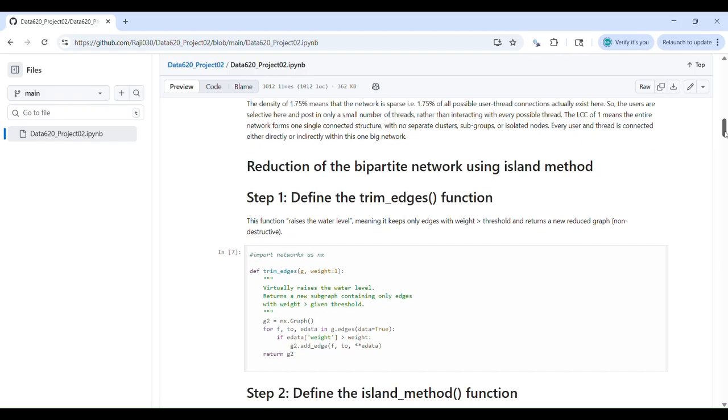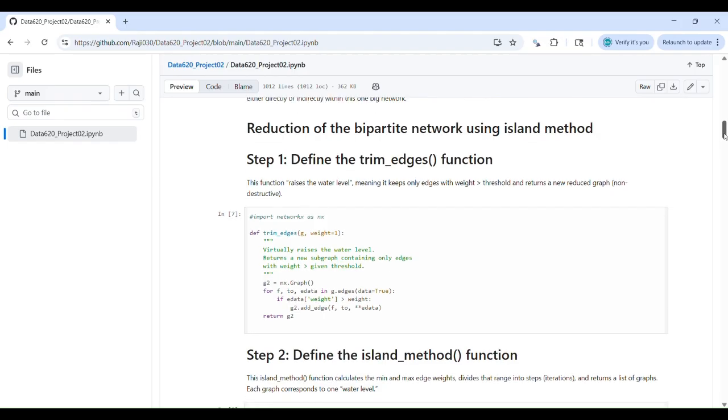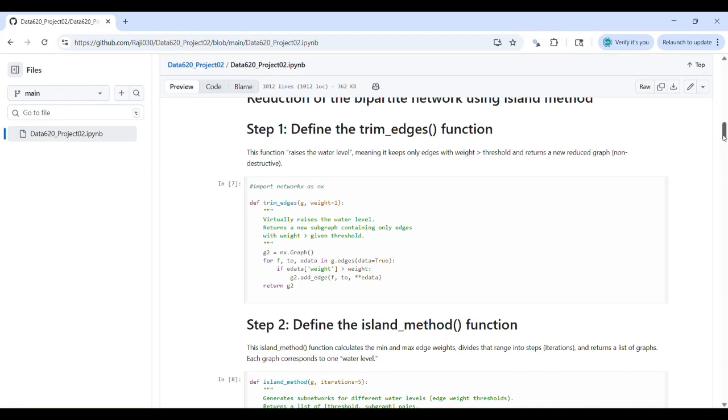And then we reduced the bipartite network using the island method. To do that, we first defined the trim edge function, which basically raises the water level, and that means it keeps only edges with weight greater than a certain threshold, and returns a new reduced graph, which is basically a non-destructive graph.